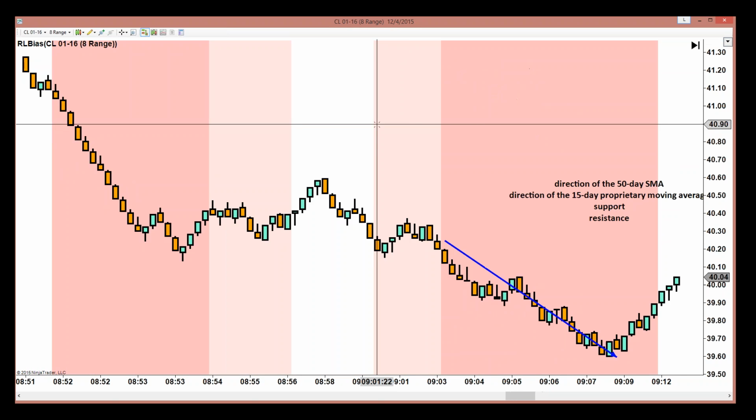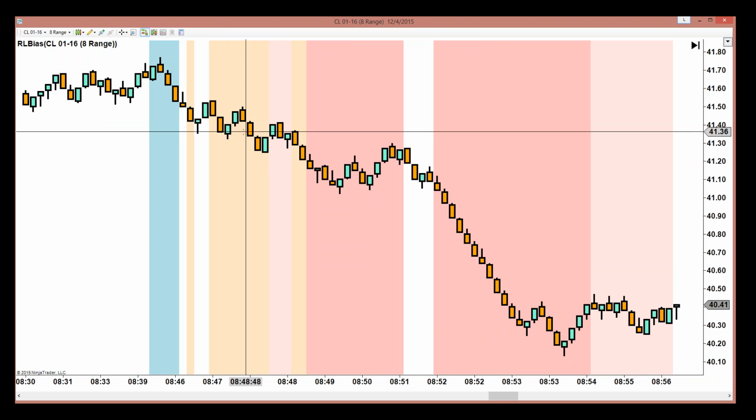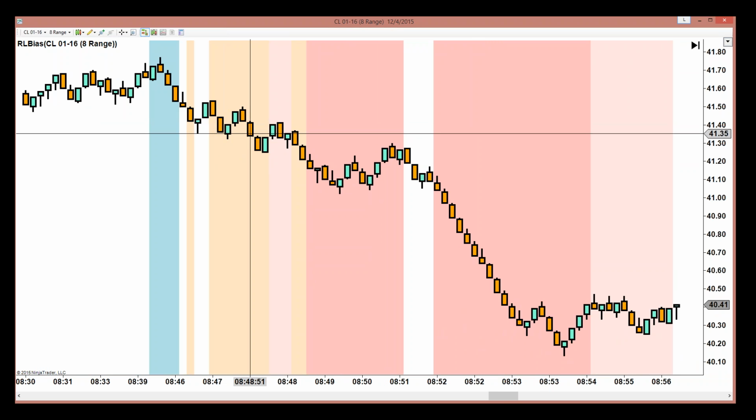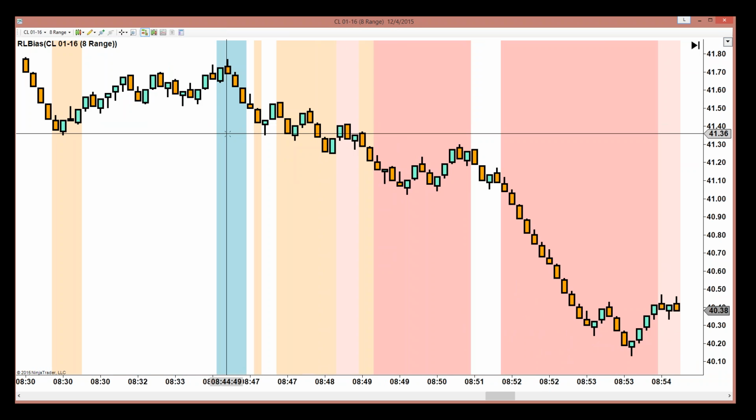Now, this color, the 15 and the 50 are also down. Price has broken all support to the downside, but the 15 has not yet crossed the 50. It's slightly weaker. And here, you don't have a trending 15, but price is, again, broken all support to the downside.